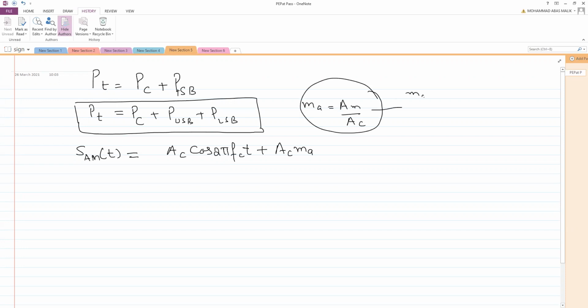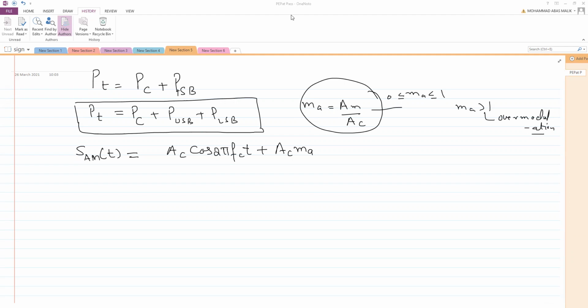If this is greater than 1, this is called overmodulation, right? And if its value is 0, that means this is unmodulated. Modulation does not happen. And its value can be 1 also, or in between 0 and 1, that's the standard form of modulation. If it is 1, that's called critical modulation.